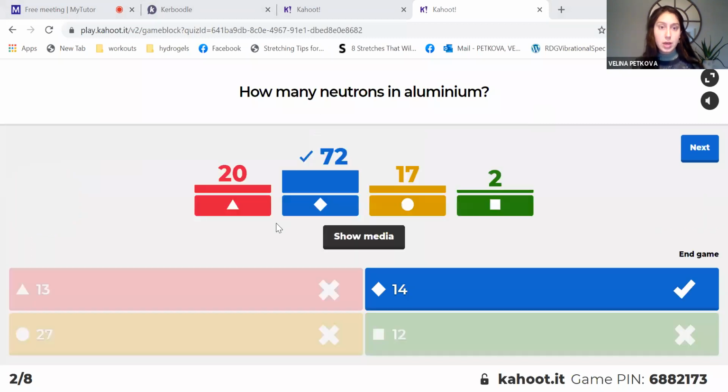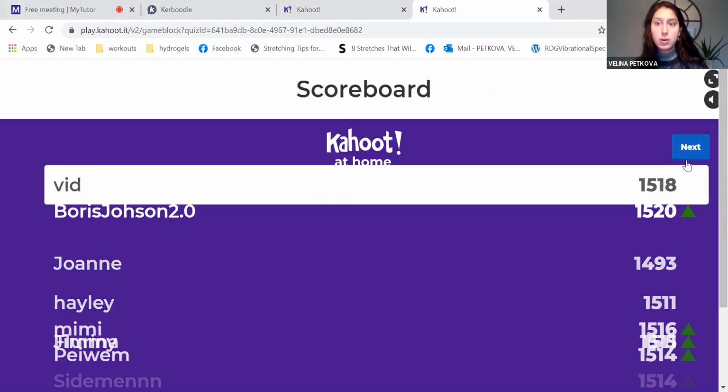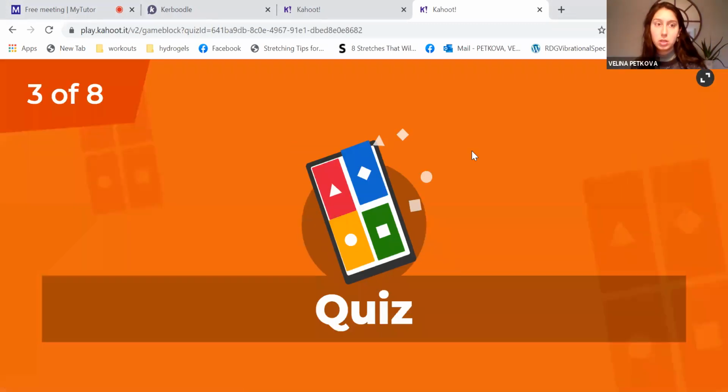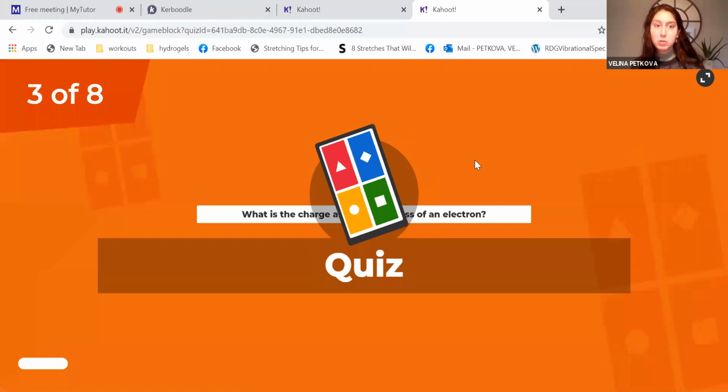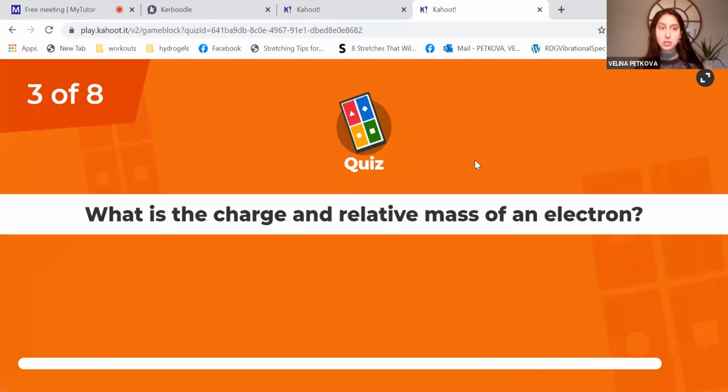Brilliant. So it was 14, and we're going to go through it. Well done to Boris Johnson. So, what is the charge and relative mass of an electron?